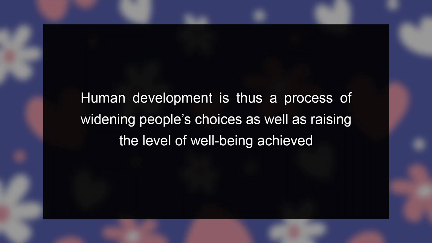Human development is thus a process of widening people's choices as well as raising the level of well-being achieved. Moreover, the notion of human development embraces the widening of all human choices, whether economic, social, cultural, or political.